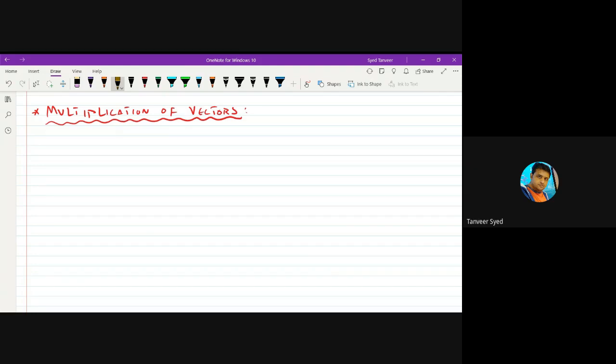Okay, multiplication of vectors. See, if you take addition and subtraction of vectors.